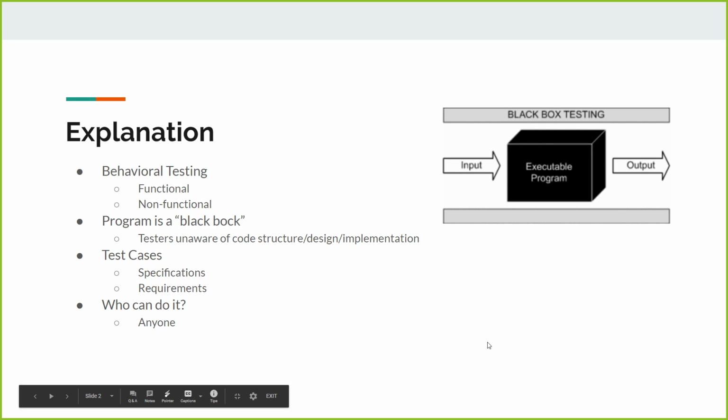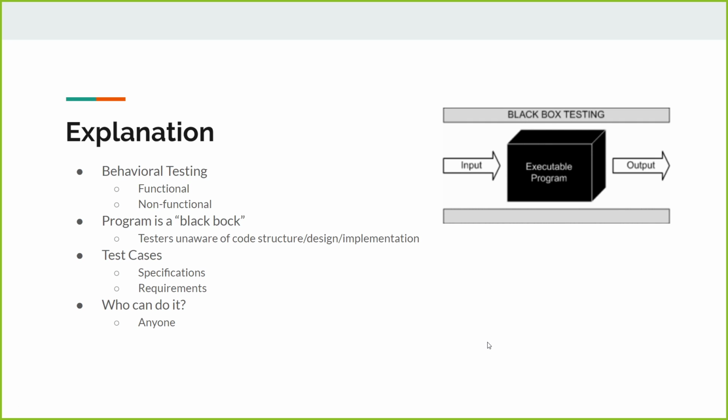So, black box testing. What is it? Well, as you can see on this image on the right, black box testing can be viewed as a box that accepts input and sends output.